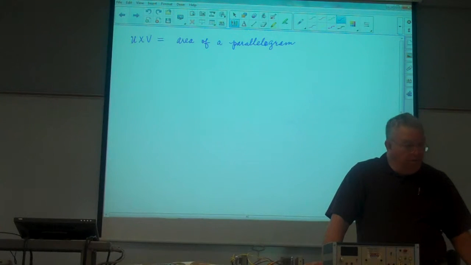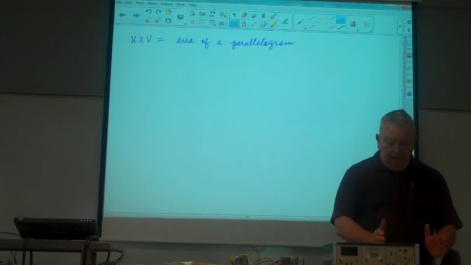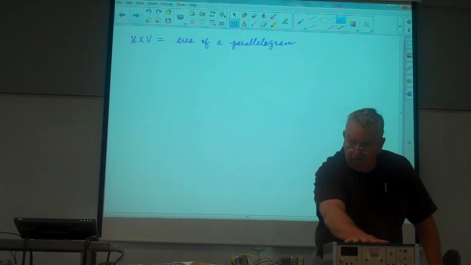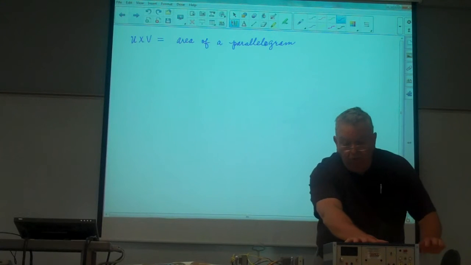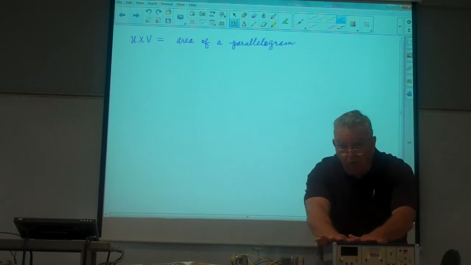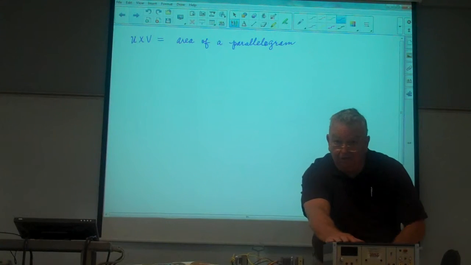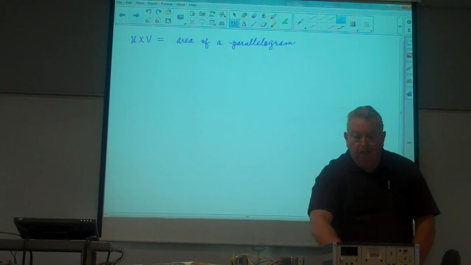How about if it's a box that somebody stepped on? Imagine I've got a box right here, and I stepped on the top of it. Wouldn't it collapse in one direction or the other? That's what a parallelogram is.